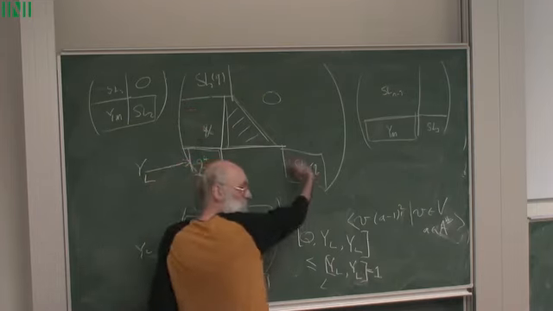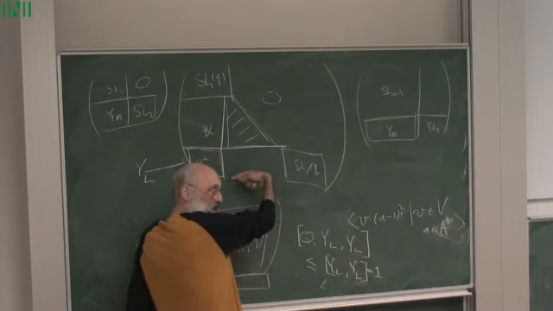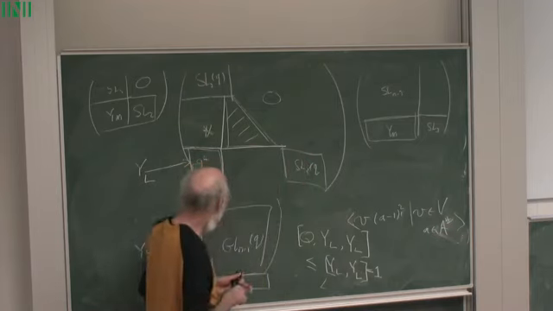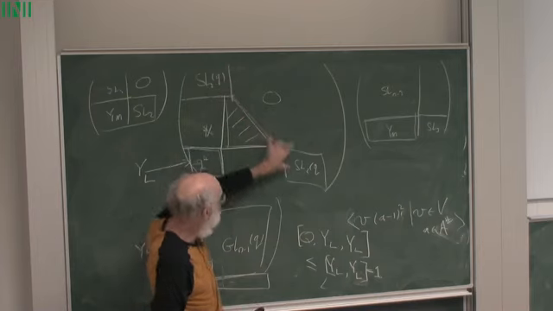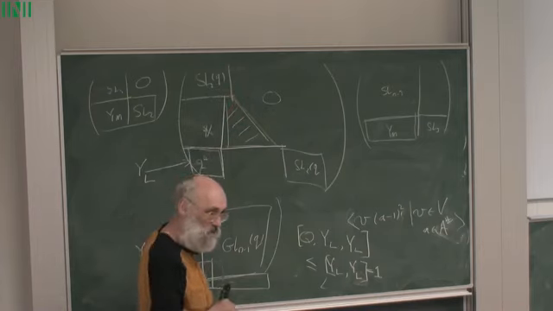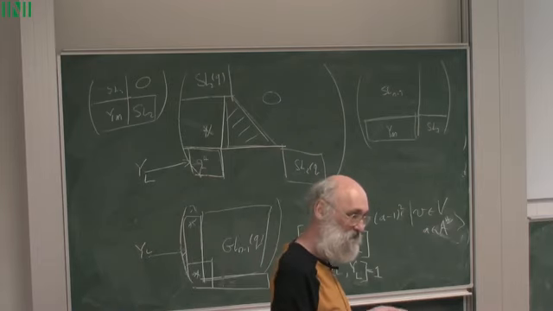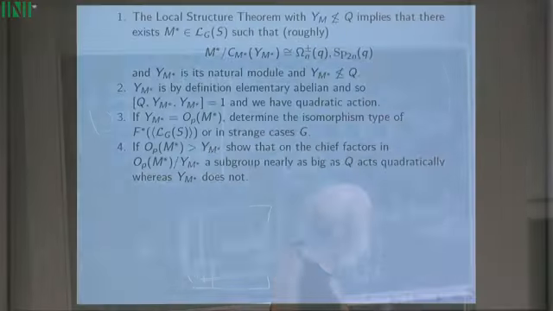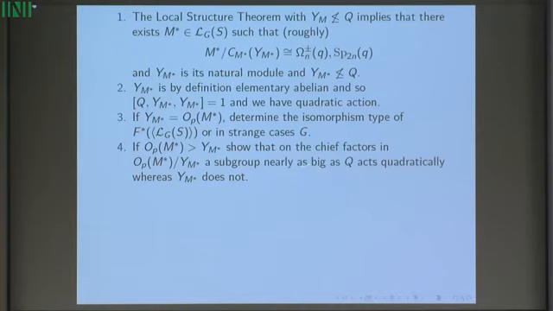And this one induces SL2 modules there. So these modules for SL2(Q) cross SL2(Q), they're not the same as this one. I have to have two different sorts of modules. And so we show a subgroup nearly as big as Q acts quadratically. Remember, we're doing this in a generic case.